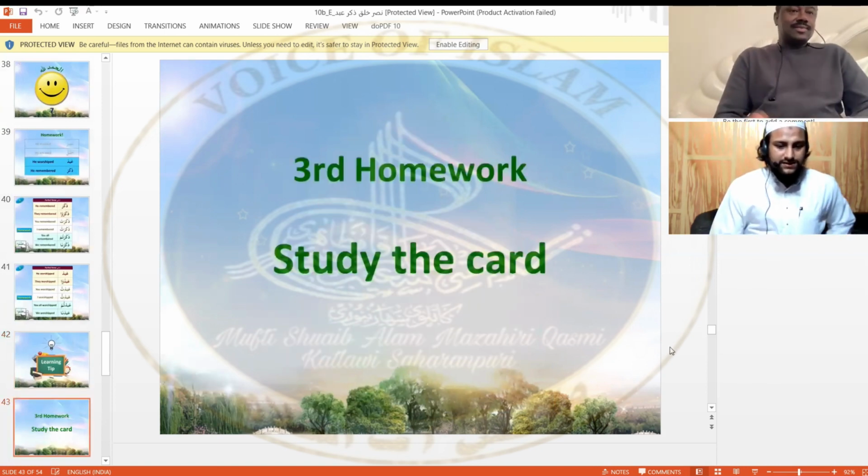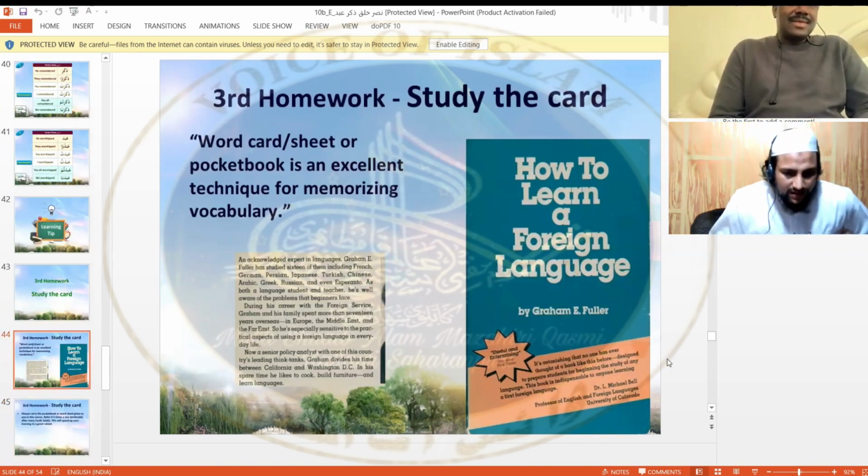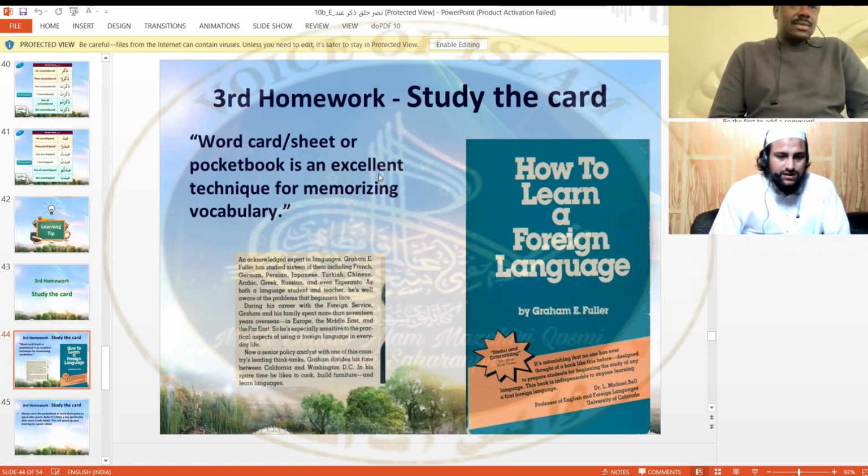Third homework, study the card. How to learn a foreign language by Graham E. Fleur. A word card, word card sheet or booklet is an excellent technique for memorizing vocabulary.